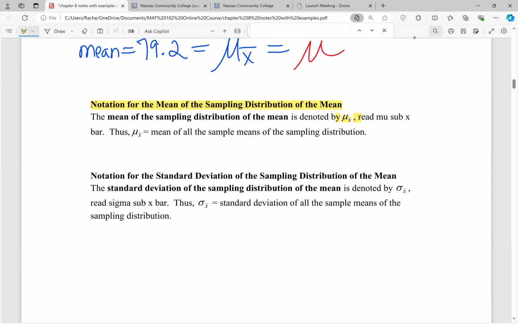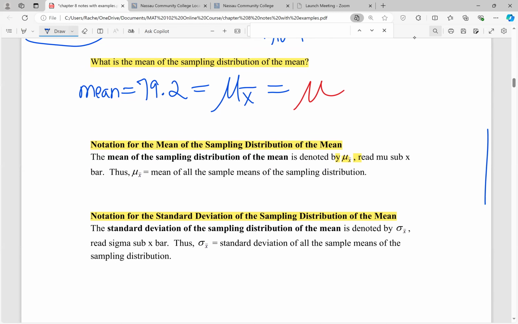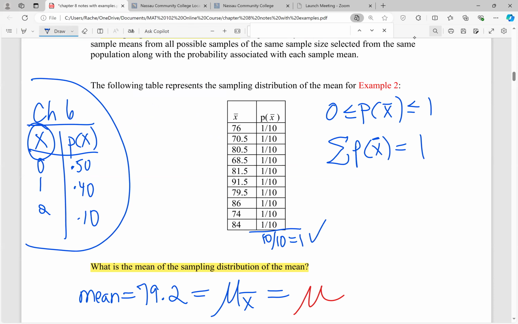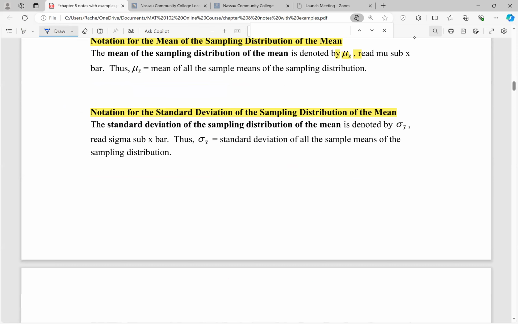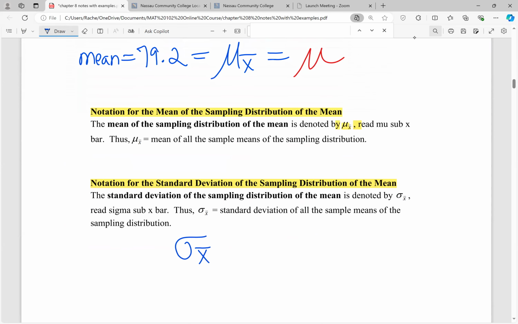We might as well also talk about notation for the standard deviation of the sampling distribution of the mean as well. So sampling distribution of the mean. So if I were to get the standard deviation for this data set right here, all those sample means, I would use sigma, but with a little sub x bar, very similar to mu sub x bar.